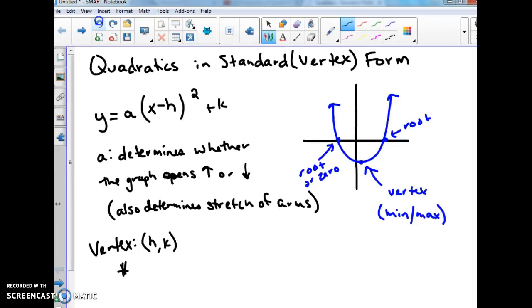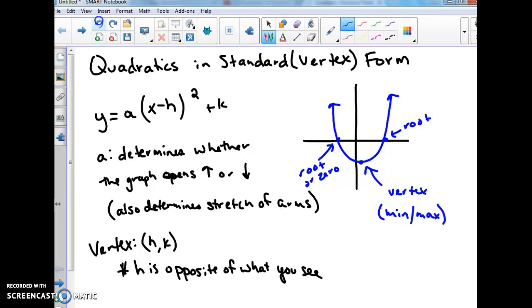Now something to note here, the h goes in opposite of what you see. So this is going to help us to determine where our minimum or our maximum is. This is known as our vertex.